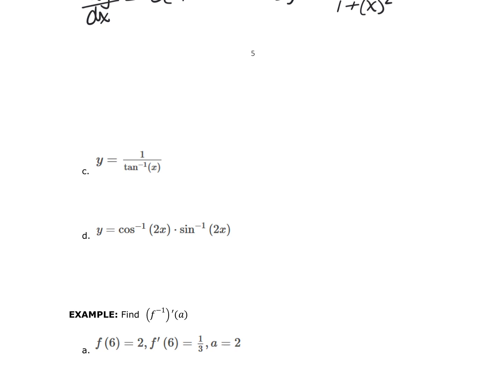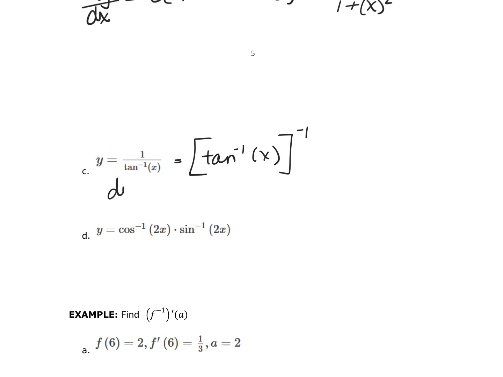Taking a look at y here, on C, dy/dx. Well, actually I'm going to back up just a little bit. This is the same thing as the tangent inverse of x raised to the negative 1. It's not a power to power. We're not going to say it's tangent raised to the positive 1. That is not it.